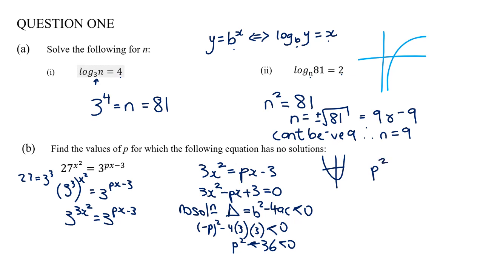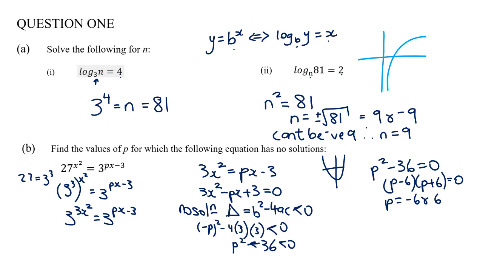So what we do is we solve where that there equals 0, which should be p minus 6 and p plus 6 equals 0. So therefore p is negative 6 and positive 6. Yeah?